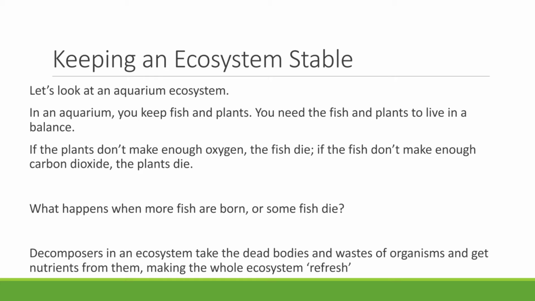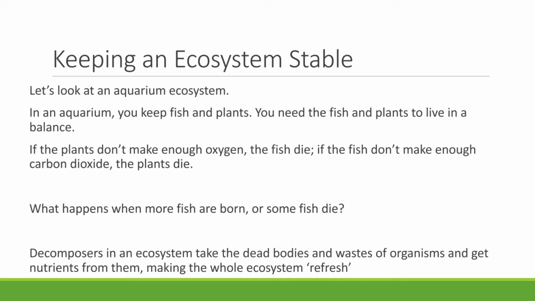If all of the fish die, then there's nothing to make carbon dioxide for the plants to use. Right? So the ecosystem is the entire thing, right? That's the plants, the animals, the air, the water, the sunlight, everything that you can possibly think of that interacts with something else is going to make up the ecosystem.